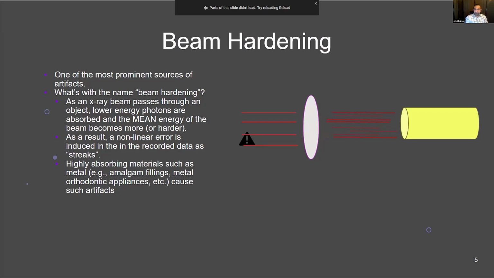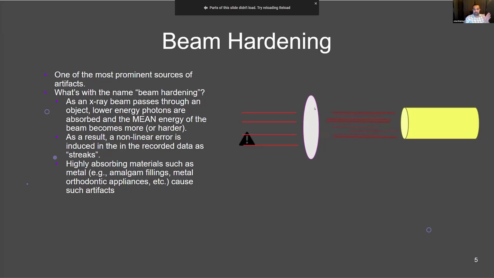So now, in order to understand a little bit more about beam hardening artifacts, we have to recognize that a primary X-ray beam is composed of photons of variable energy values. Now, this is a representation of an X-ray beam source, right? And then it is emitting a heterogeneous beam, which is reflected in the image by lines of variable thicknesses. You'll note that there's some thick and some thin lines.